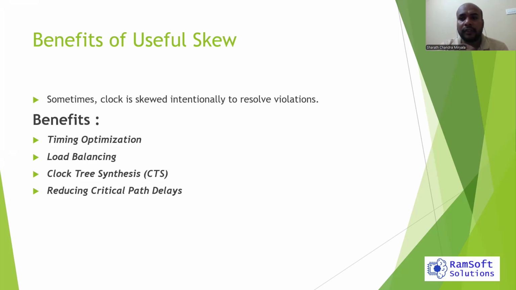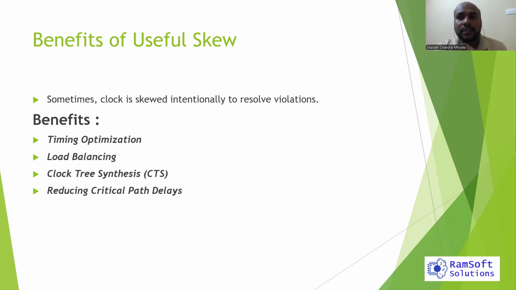So what do we get if we skew the clock intentionally? Number one, timing optimization. By adjusting the clock arrival times, we can meet the setup and hold times. And then load balancing.